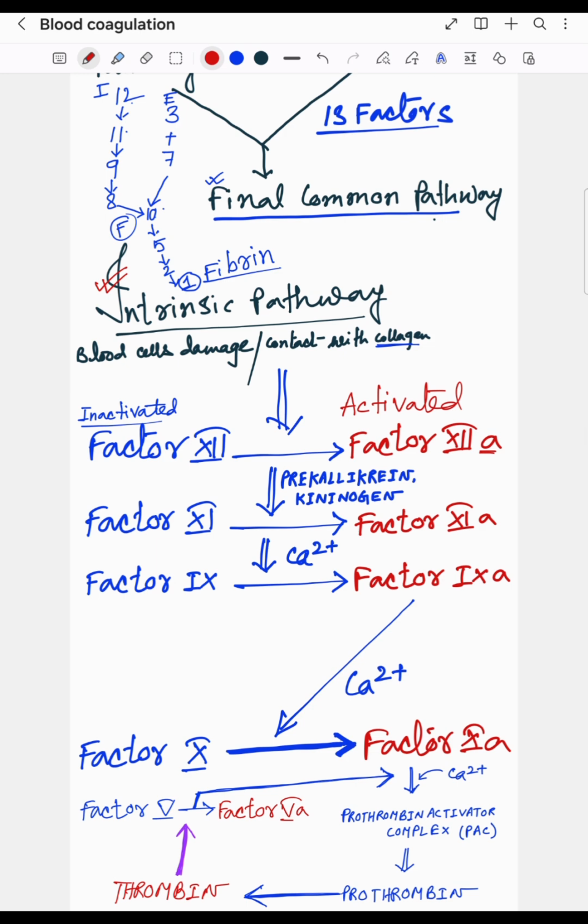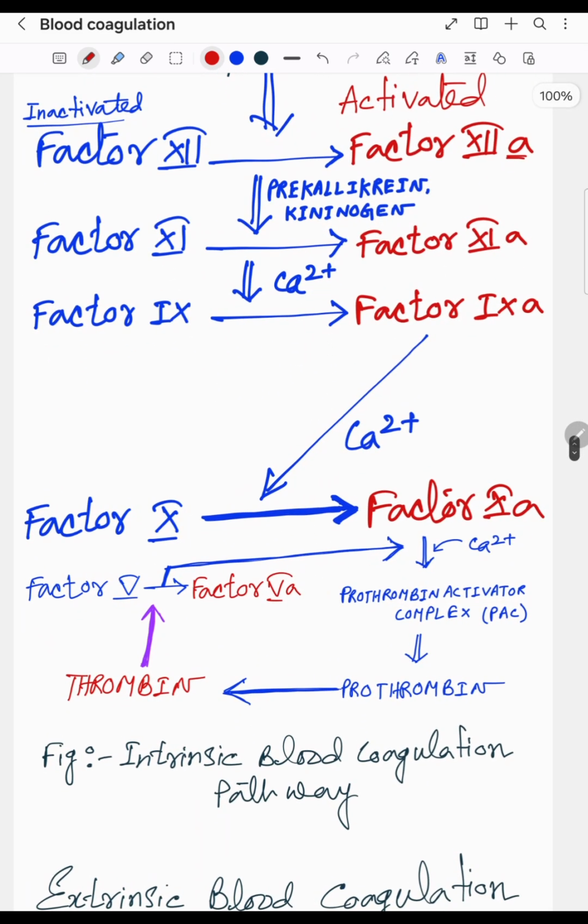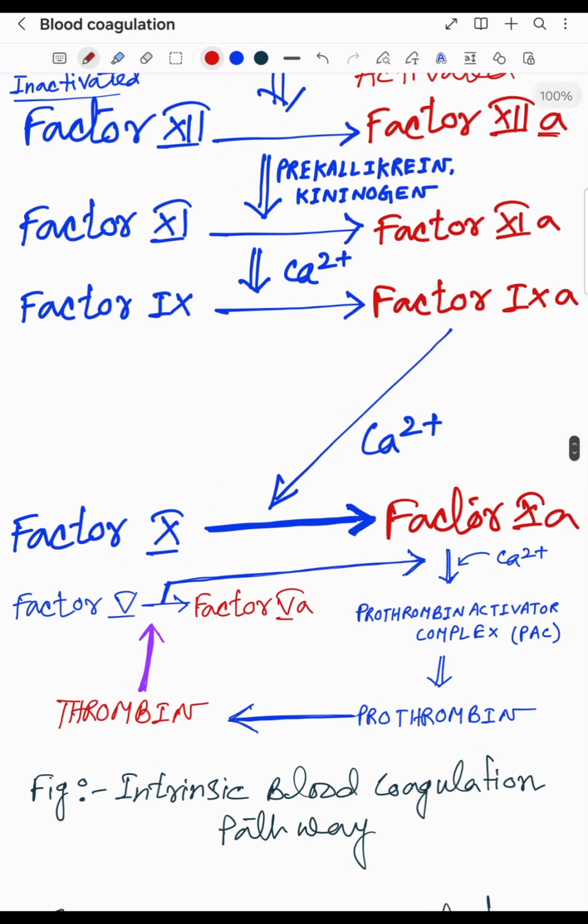No other tissue, no external molecule is involved in the activation of these factors. These factors are getting activated by their own contact, that is collagen. Now, I have told you that this will be a chain of reaction.